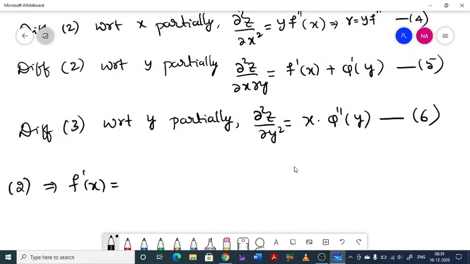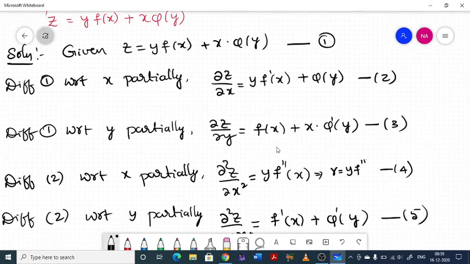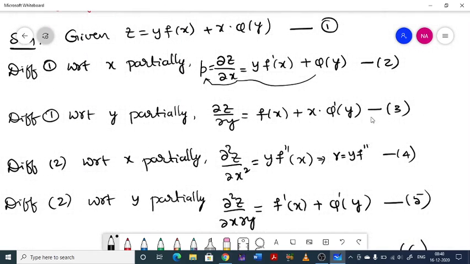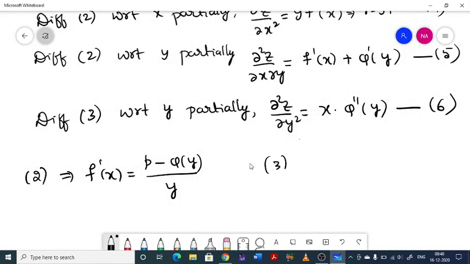That is p minus φ(y) divided by y. Similarly from equation 3, φ'(y) equal to q minus f(x) divided by x.